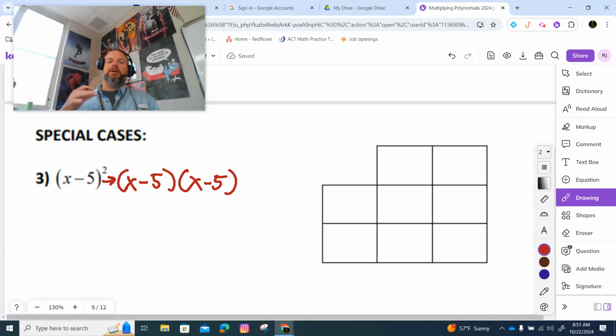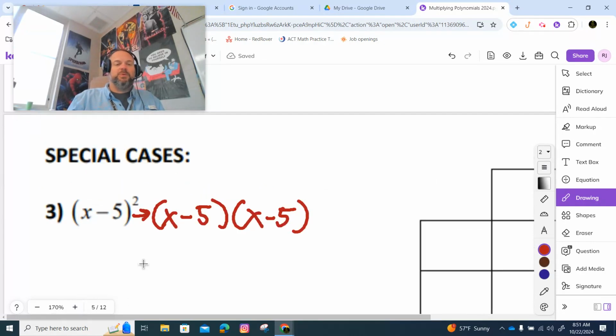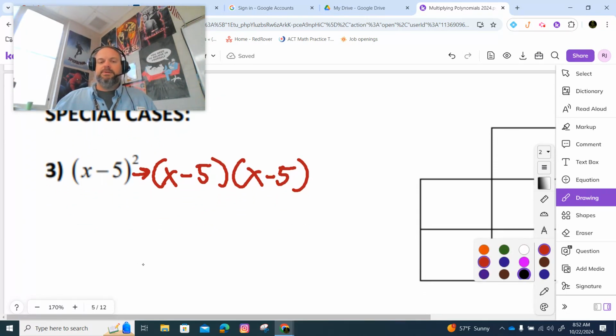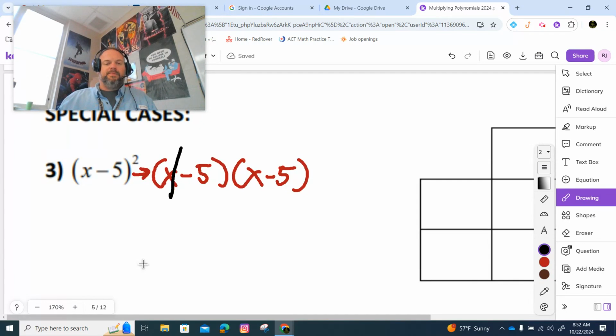That power, some people are squinting to see that 2, which is also the same little 2 that's on their paper. You're cloning that, okay? Just like the people on Kamino that made the clone army for the Republic. Okay, so that was a Star Wars reference. So I cut it right here. I have x. I have -5.